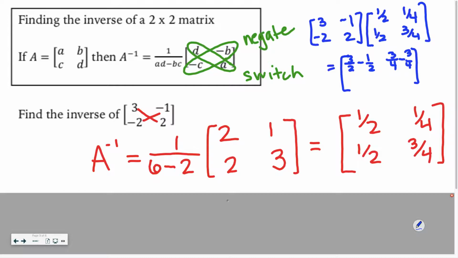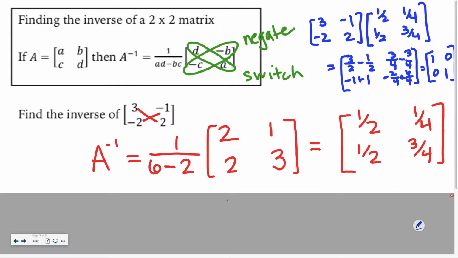Row times column, we have negative 2 times 1/2 plus 2 times 1/2. And row times column, we get negative 2 times 1/4 plus 2 times 3/4. We get 1, 0, 0, 1 for our matrix.